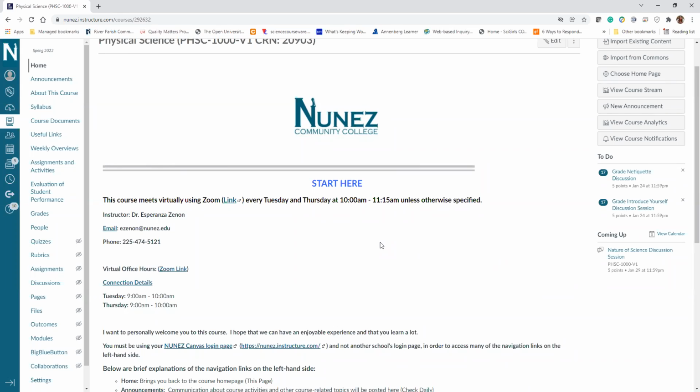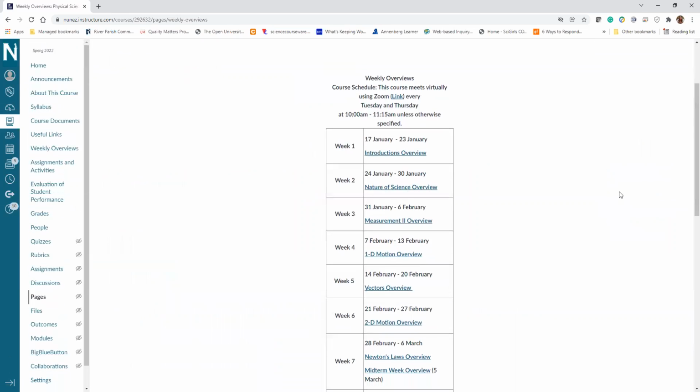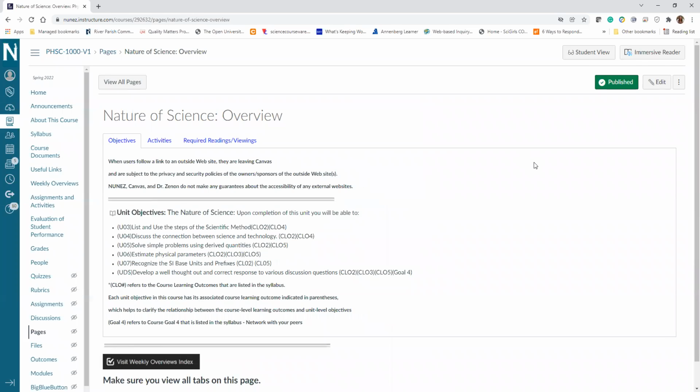Okay. So let me go ahead and go into the weekly overviews, because remember, the weekly overviews is where you find all of the relevant course materials and assignments for each week. I'm going to click on the Nature of Science overview link. The first thing we have there are the objectives for this material.